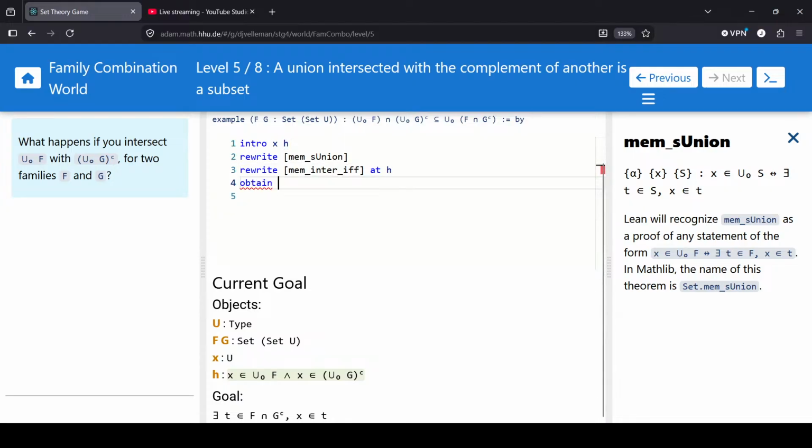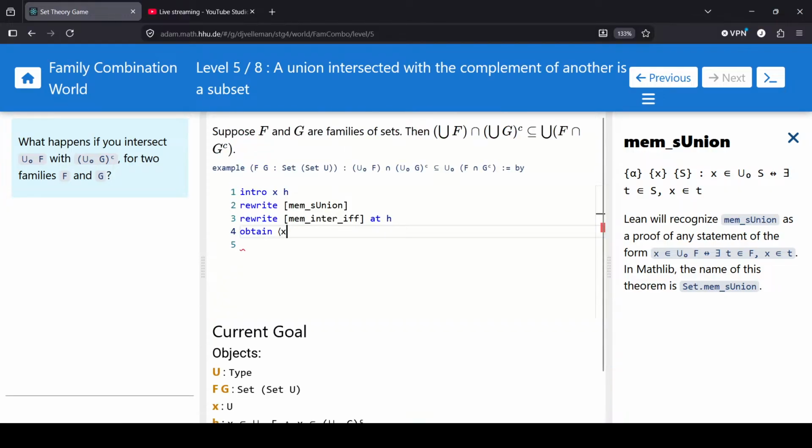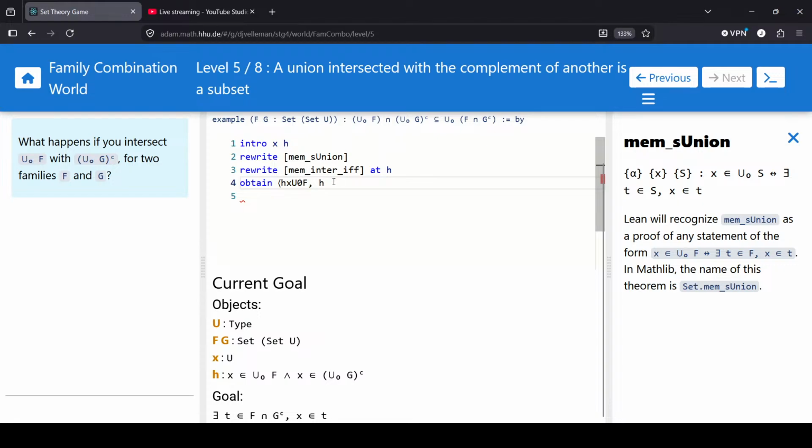We can obtain H X U F and H X U G compl.